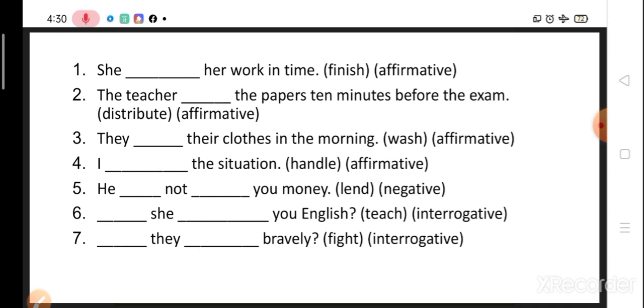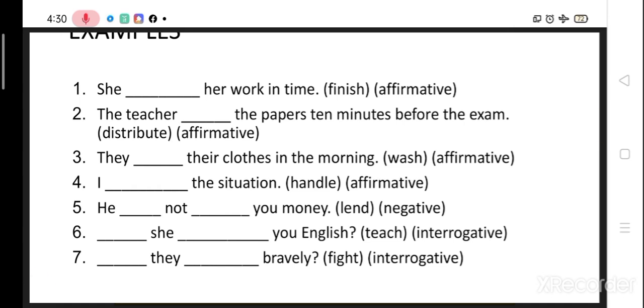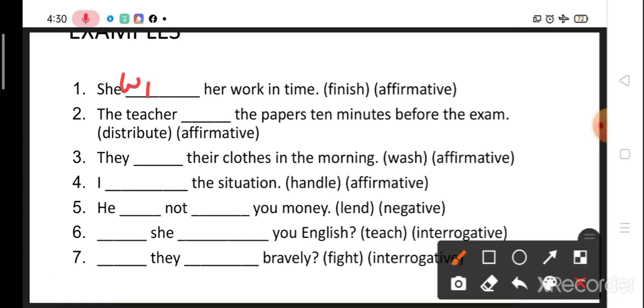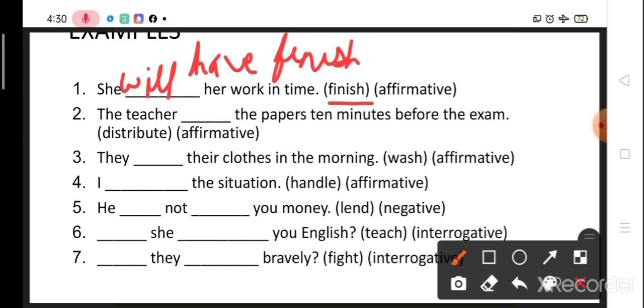Now, as I told you, the rule is simple. It only says will have and ed form. So she will have finished. She will have finished her work in time.